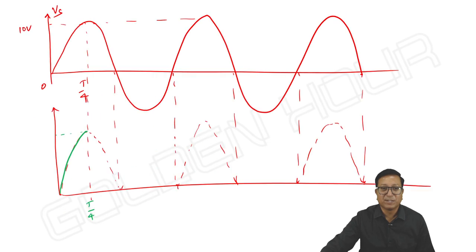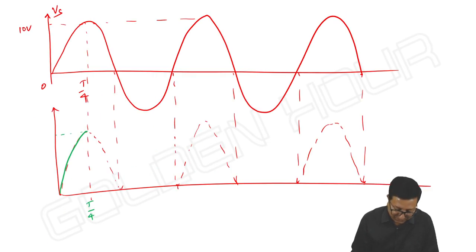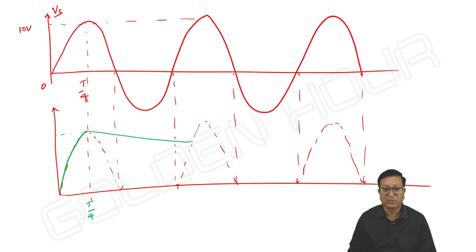Means here, if you observe this waveform, the capacitor starts discharging like this. See, charging is rapid because charging time constant is Rf into C, whereas discharging is slow. And just as an example, the capacitor is slowly discharging like this.